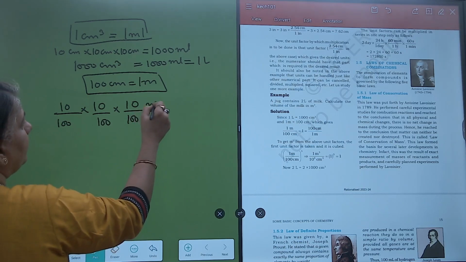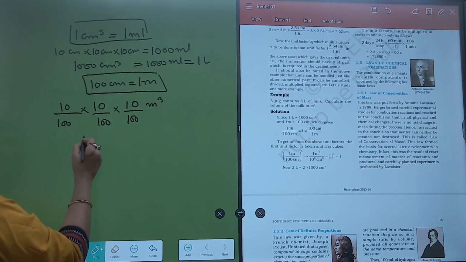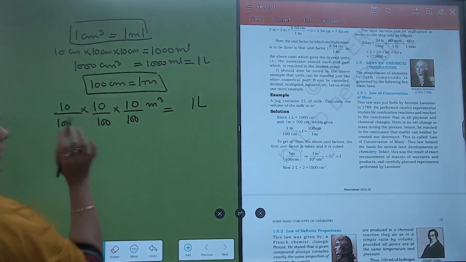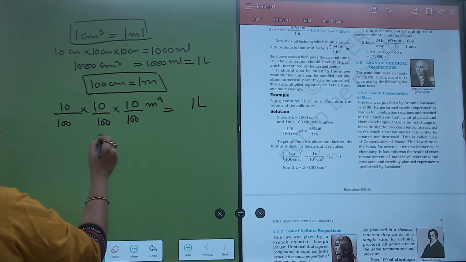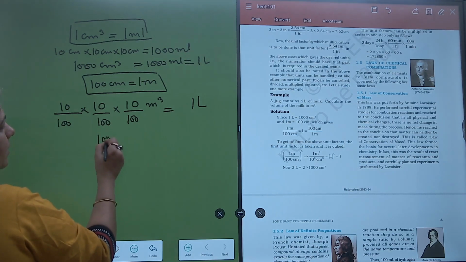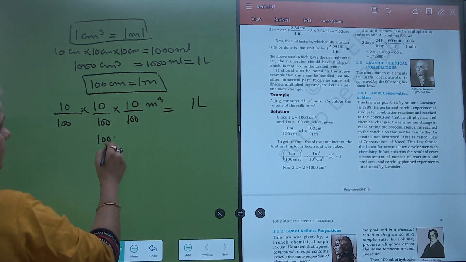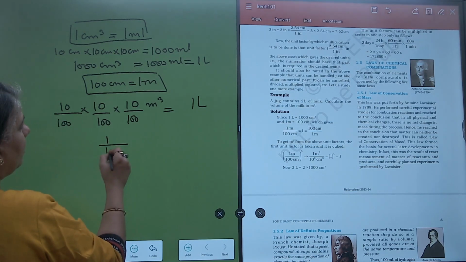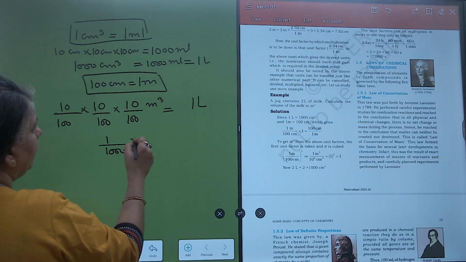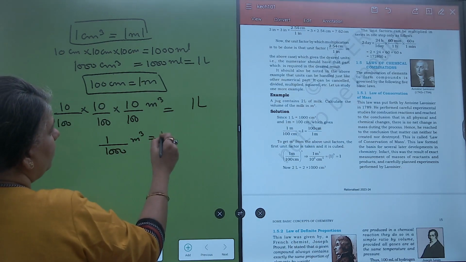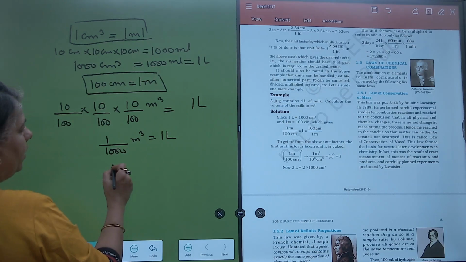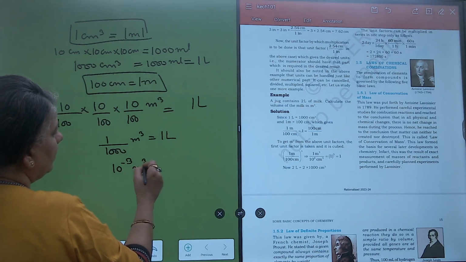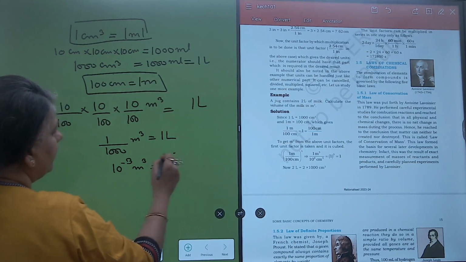You will get meter cube. Now what we get here is equal to 1 liter, we have already calculated. Now here what we get, see, 1 upon 1000 meter cube is equal to 1 liter, or you can write 10 raised to the power minus 3 meter cube is equal to 1 liter.